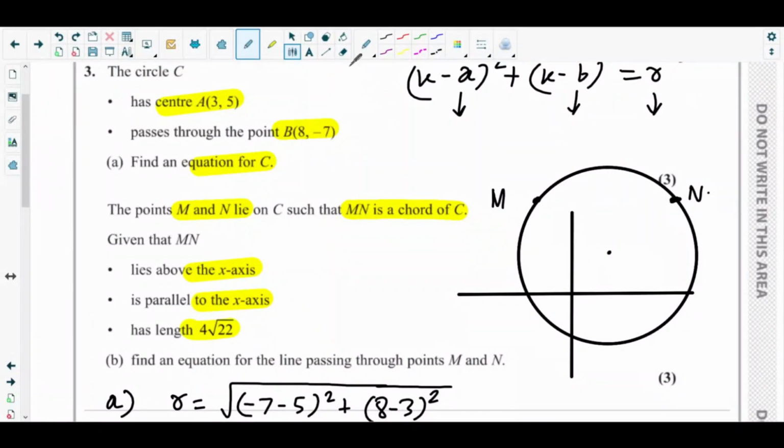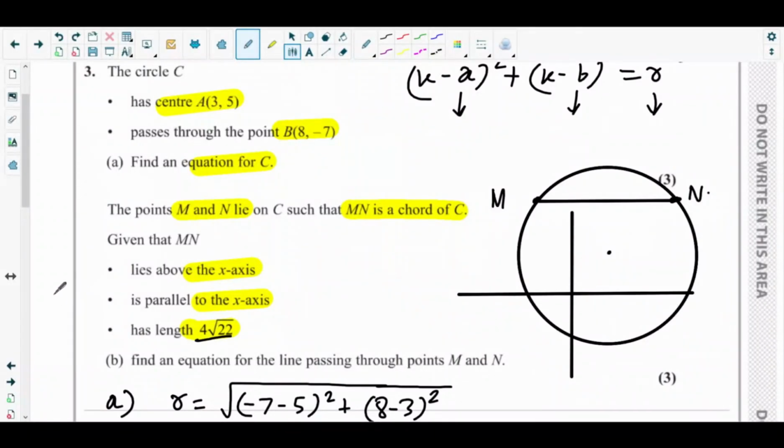This is just an assumption; since it's above the x-axis, that's why we consider the position above. MN is a chord parallel to the x-axis, and its length is given as 4 square root of 22.